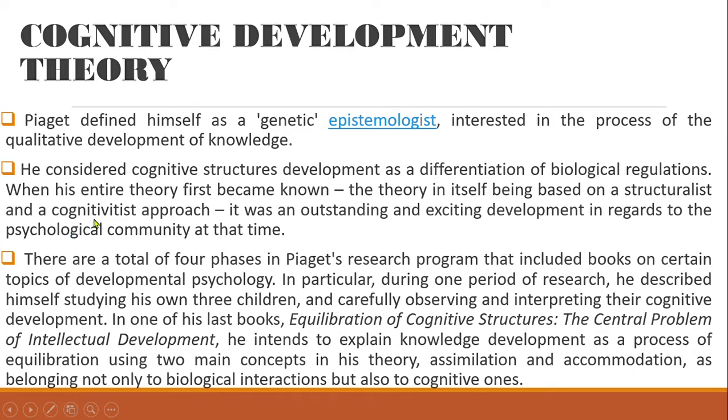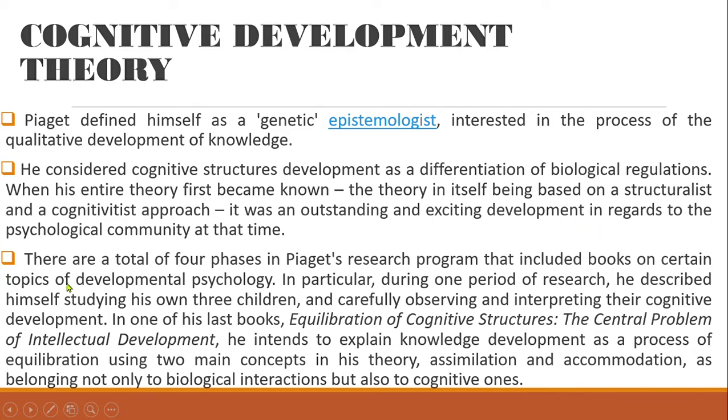So when his entire theory first became known, the theory in itself being based on a structuralist and a cognitivist approach, it was an outstanding and exciting development in regards to the psychological community at that time.